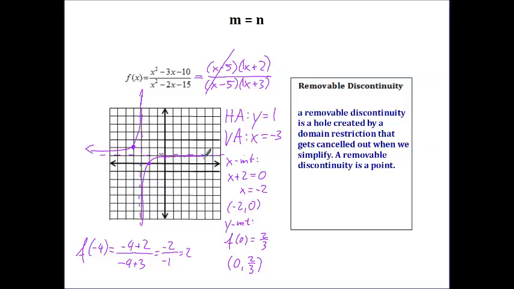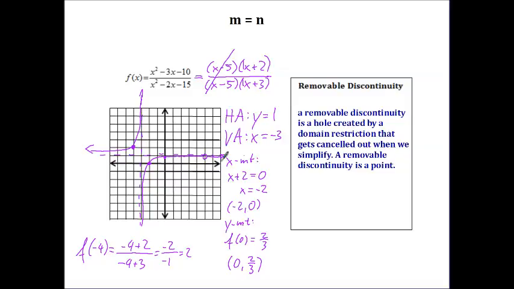As we get to positive 5 though, we have to be careful because now we need to remember what we cancelled out up here. x minus 5 in the denominator. That means if x is 5, we have a denominator of 0, and this is a domain restriction. So this value doesn't exist in our graph, and we have to show this by making this an open circle, and then we can continue onwards.